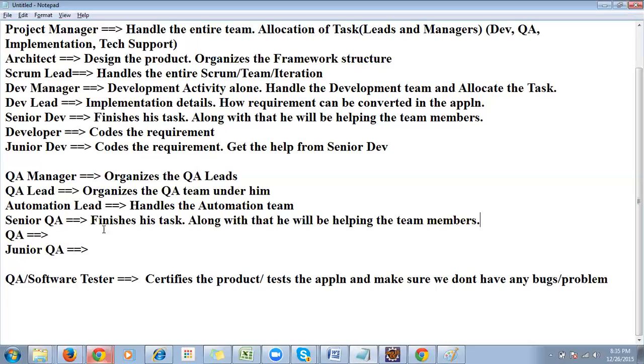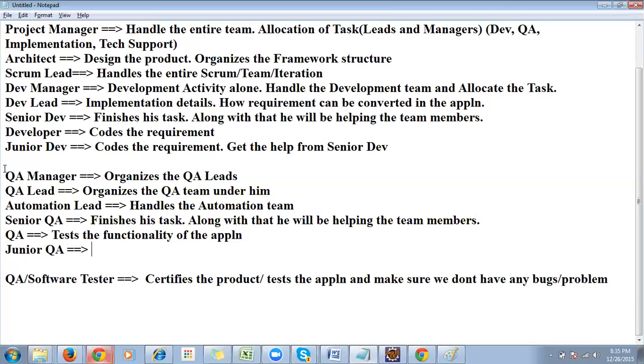The QA tests the functionality of the application.